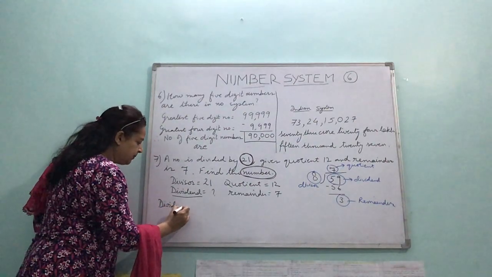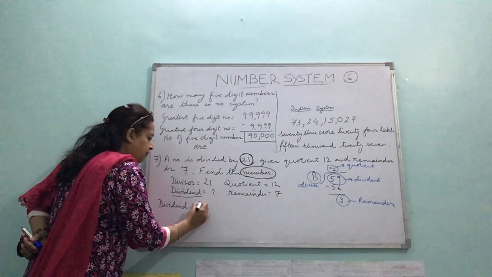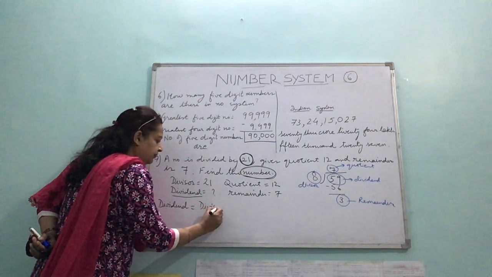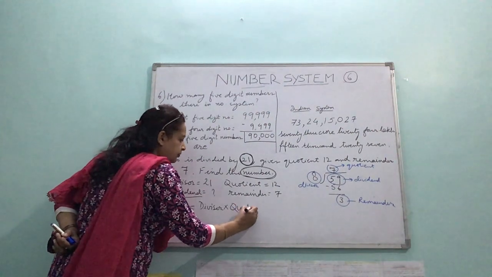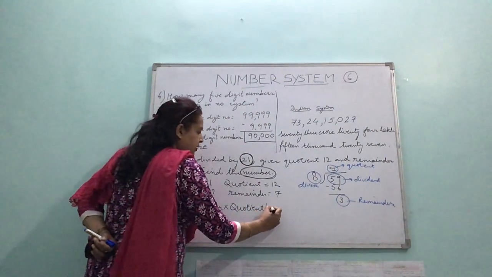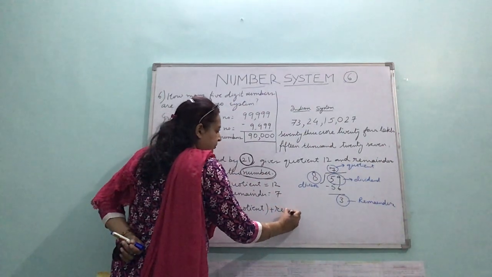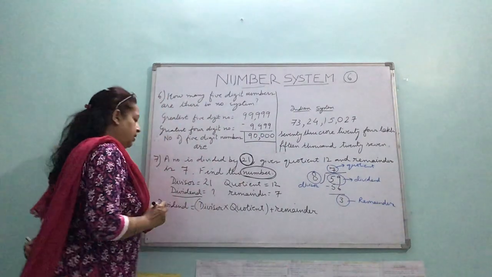Since I have to find the dividend, the relationship is what? Dividend is equal to divisor into quotient plus remainder. So let's put it.